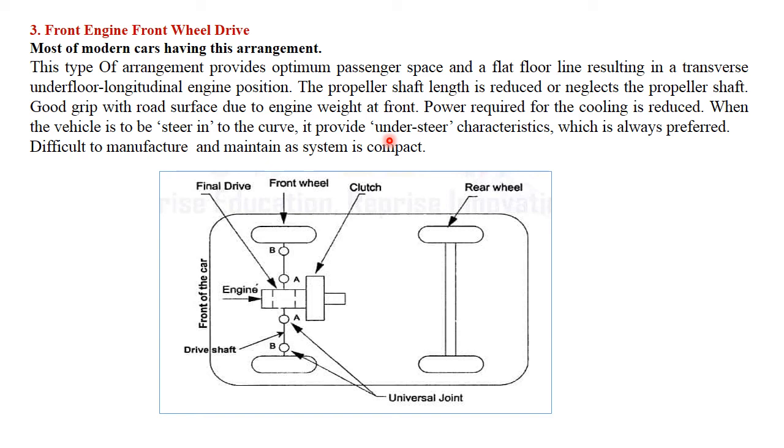In understeer, our intention is to steer the vehicle with a larger angle, but the vehicle steers with a smaller angle. Understeer occurs when the car steers less than the amount commanded by the driver. So this is about the front engine front wheel drive. Most modern cars in India are equipped with this type of arrangement.